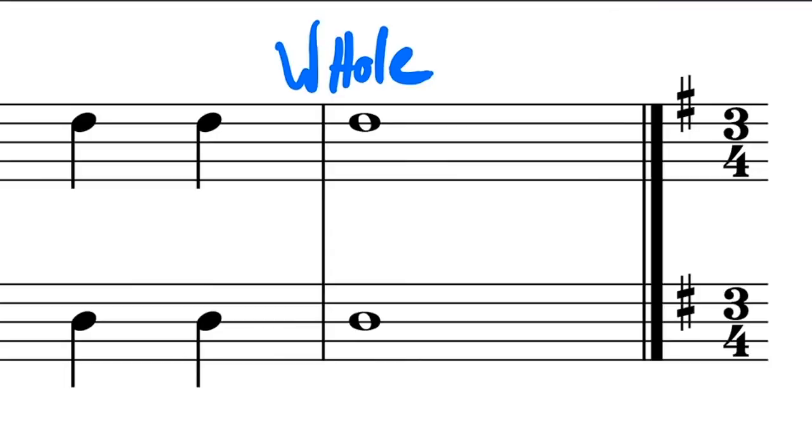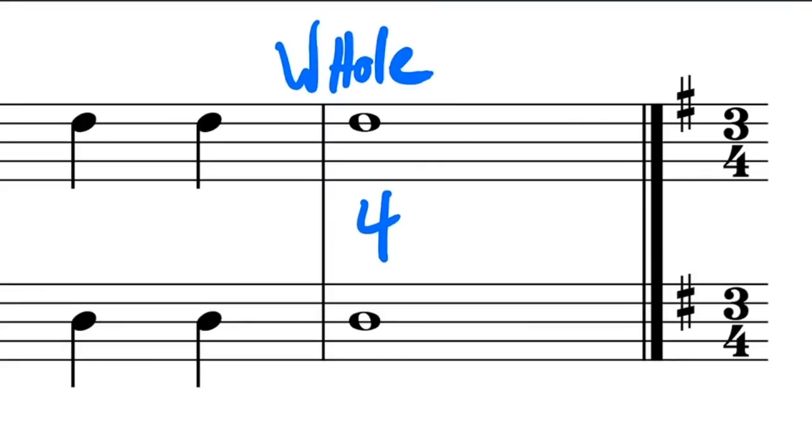And this whole note gets how many beats? How many beats does a whole note get? And hopefully you called out 4 beats. Now, how do you know that a whole note should get 4 beats? How would you already know that that note has to get 4 beats? And I'll give you a clue. If it's a whole note and it takes up the whole measure, we already know from something that this has to be 4 beats.